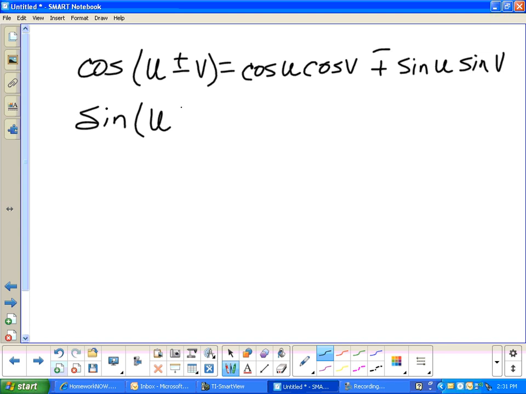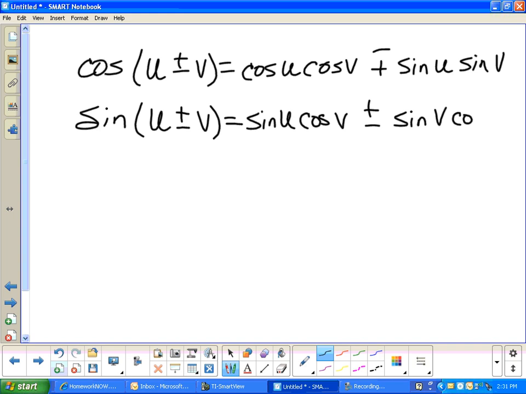Sine of u plus or minus v equals sine u cosine v plus or minus, notice the signs stay the same order, sine v cosine u. So the cosine formula uses two cosines in the beginning followed by two sines. The sine formula alternates sine cosine starting with the first term going to the second.